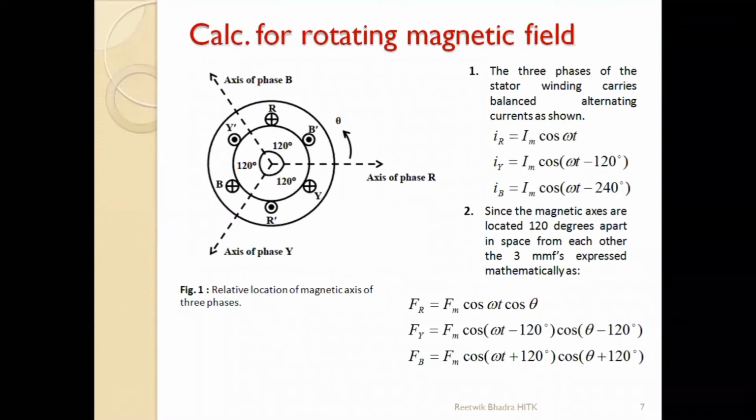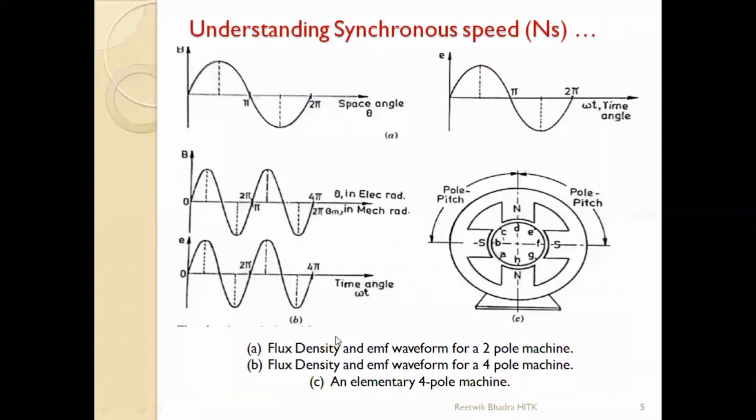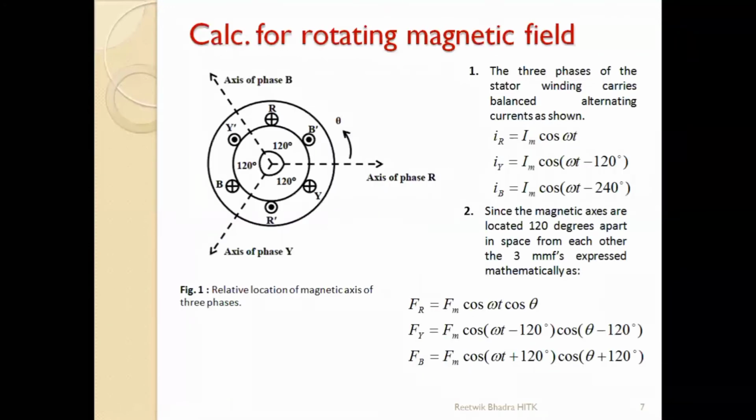That is the radius of the circle. If I go to the next slide, this red line is the radius of the circle, this green line is the radius of the circle, this blue line is the radius of the circle. So these radii are all equal in magnitude.